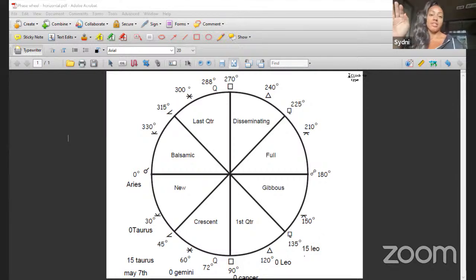Like for instance, in my chart, I have that preponderance, we'll say, of Taurus all around that quintile, 225 degrees. You take kind of in the back of your mind that energy of 225, which is the sesquiquadrate. Sorry, the sesquiquadrate.